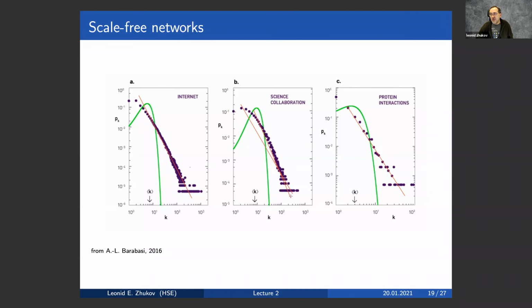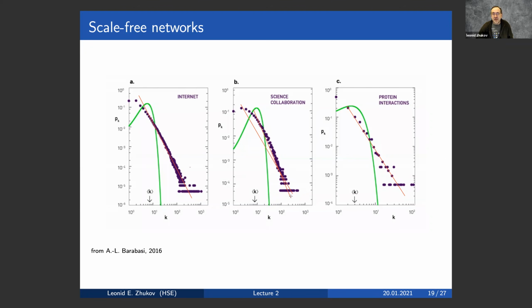Now, 20 years later, there is some pushback on this, saying like, yeah, these scale-free networks are universal, but not as universal as scientists wanted to think about them 20 years ago.